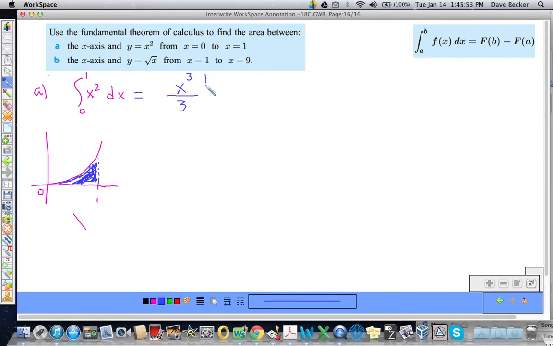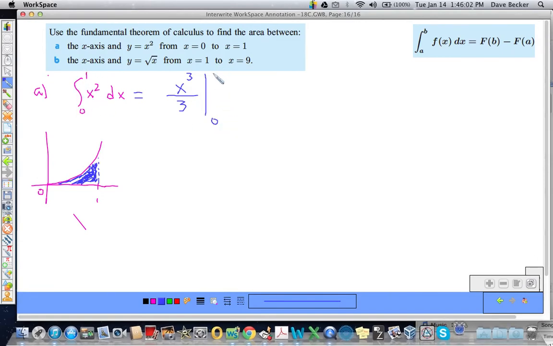And I evaluate that. This is the symbol that a lot of people use to evaluate for the given bounds from 0, my a, to 1, my b. So this is my antiderivative, this is my capital F. What I do here is take my antiderivative of b, the 1, so I replace x with 1, 1 cubed over 3, minus 0 cubed over 3, minus F of a.